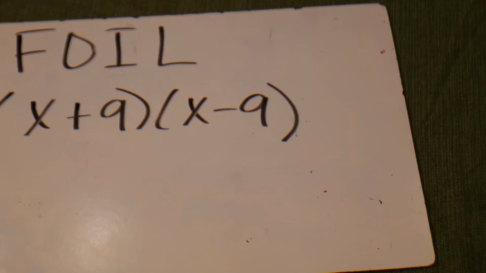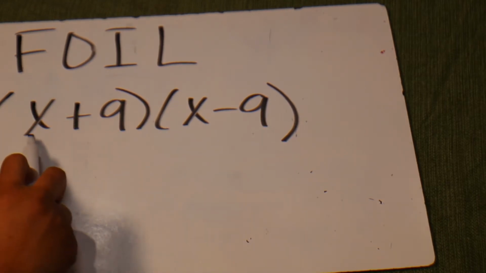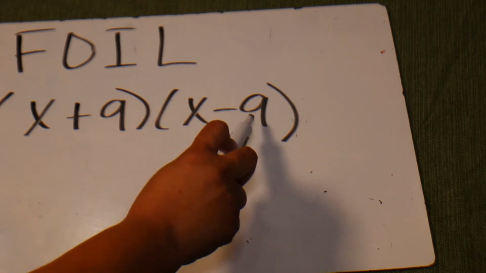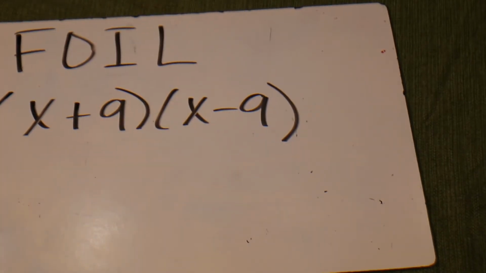And it usually is in the form of parentheses because remember, parentheses means multiplication. So when we are multiplying binomials, this is one binomial because it has two terms. It has an x and a 9, and an x and a 9. So both of these expressions are binomials because they both have two terms.